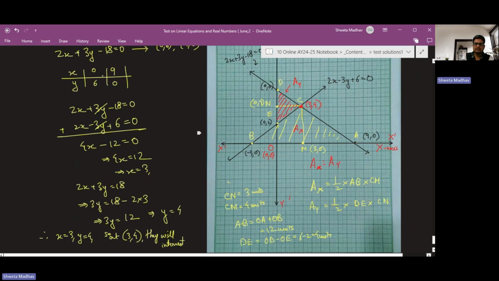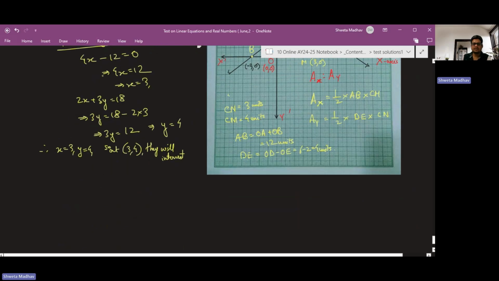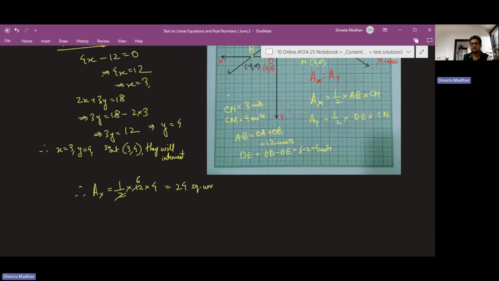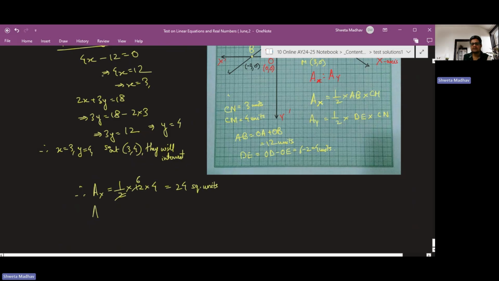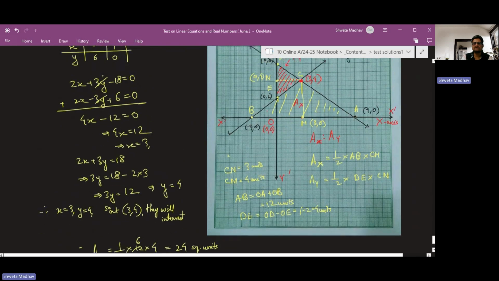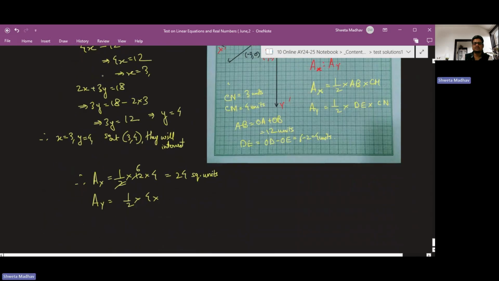So the area formed with the x-axis, AX, is half into 12 into CM, that is 4, which is 24 square units. And AY, the area formed with the y-axis, is half into DE, 4 units, into CN, which is 3 units.